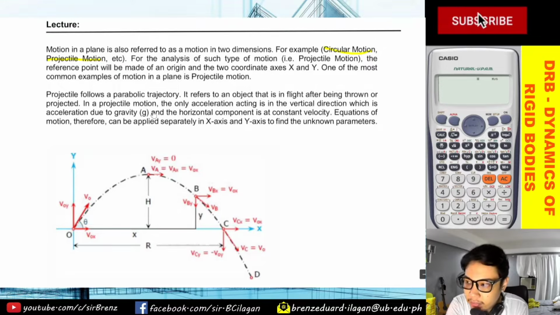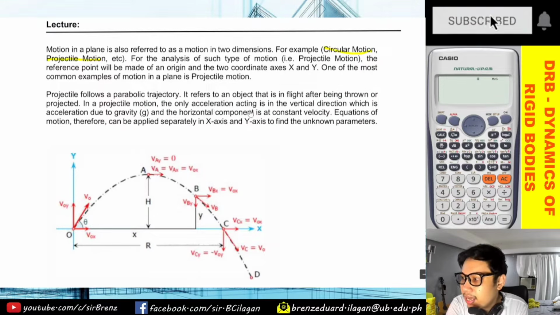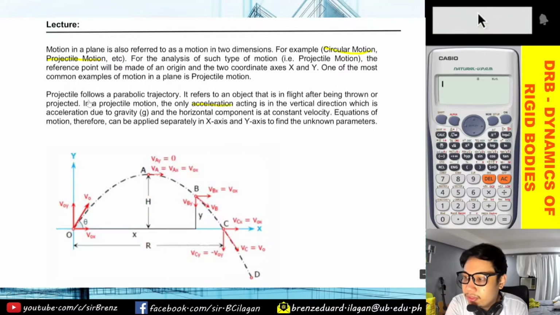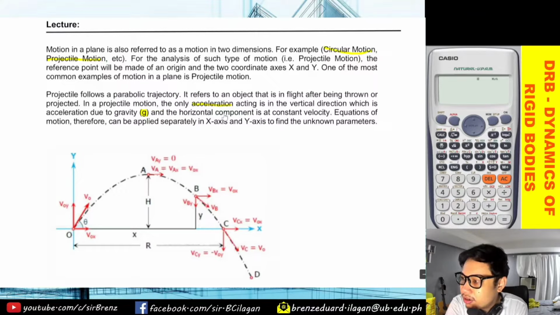In a projectile motion, the only acceleration acting is in the vertical direction. So, doon lang daw sa y direction o yung vertical component ng velocity, doon ka lang merong acceleration, which is yung acceleration due to gravity, or yung ating g. And the horizontal component is at constant velocity.